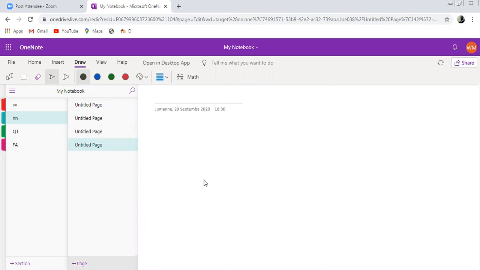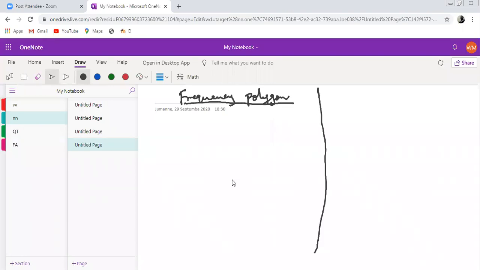Okay, if there is no question, let me go to the next way of presenting data, which is the frequency polygon. The frequency polygon borrows a lot from the histogram.